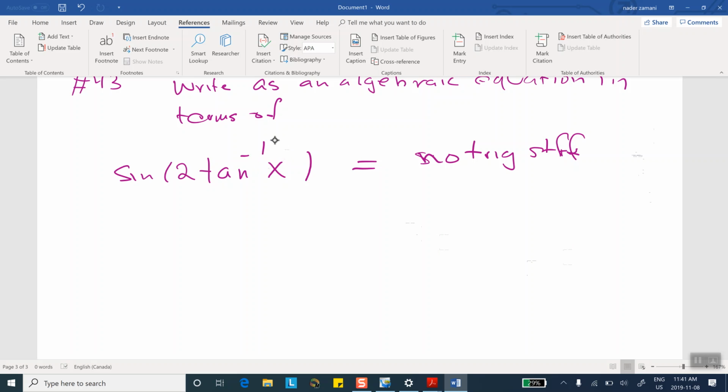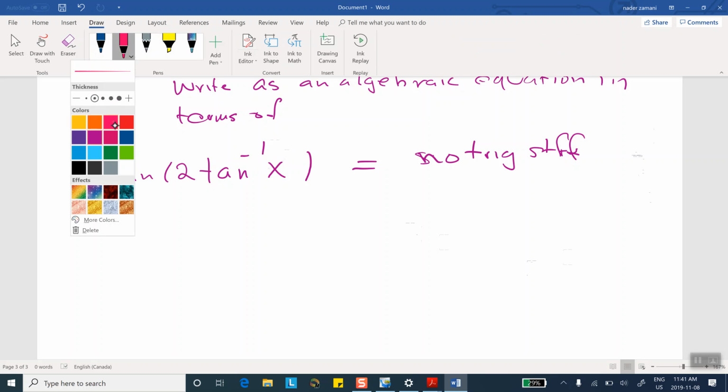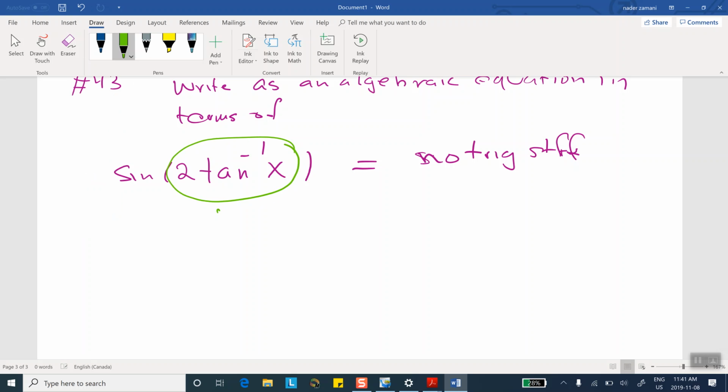Okay, so let me call this, actually, theta. How about that? Theta. Okay, so we have theta equal to 2 tan inverse of x. That means tan inverse of x is equal to theta over 2, right?